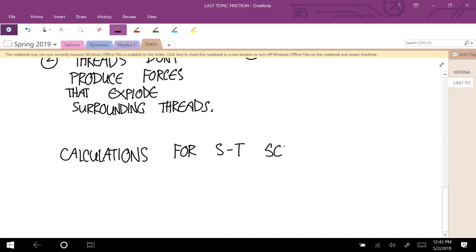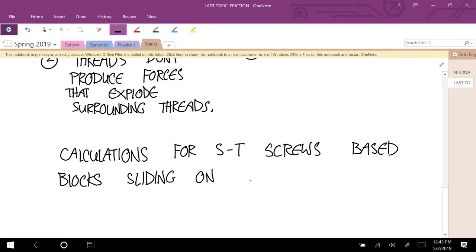The calculations for square threaded screws are based on blocks sliding on inclines. So let's do an example and remember how this works.